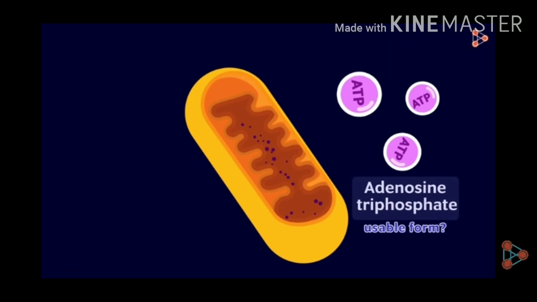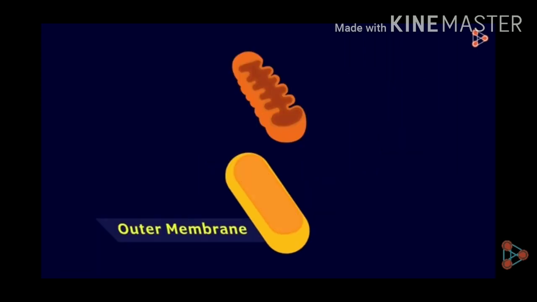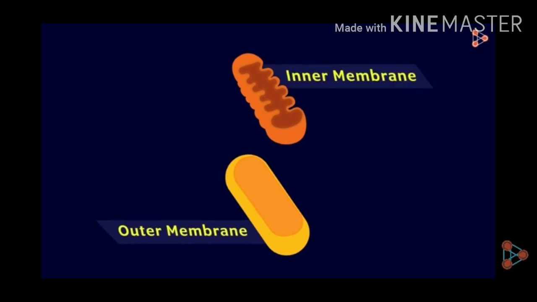This mitochondria converts this energy into the ATP molecule, which is the abbreviated form of adenosine triphosphate. ATP is a usable form of energy which is needed by our body.